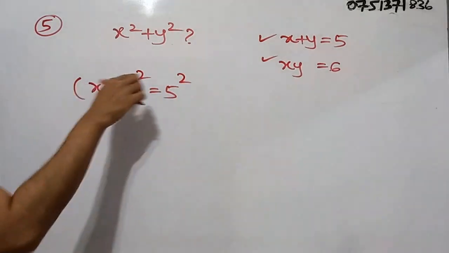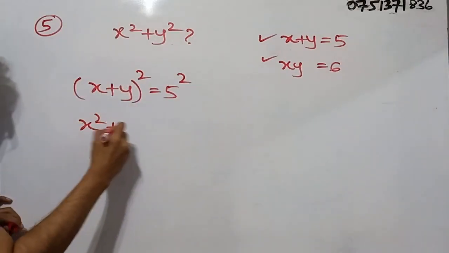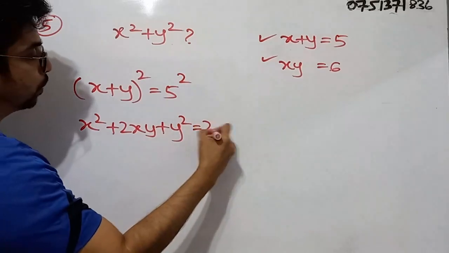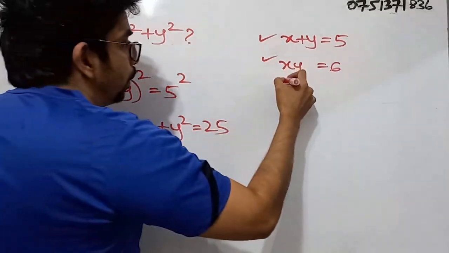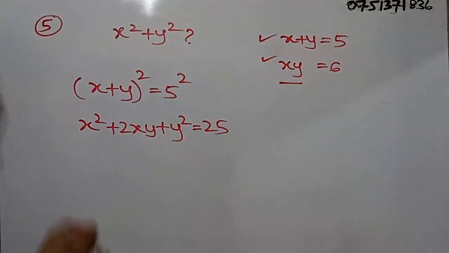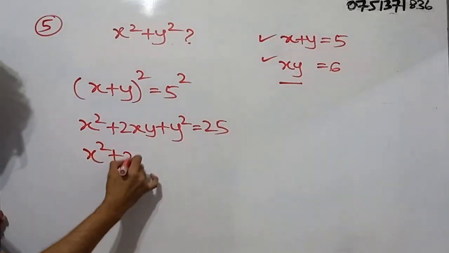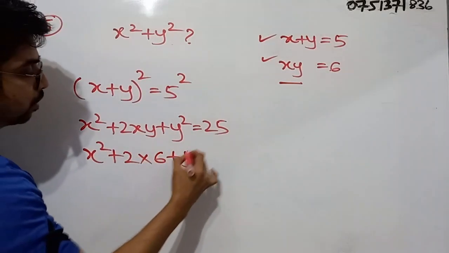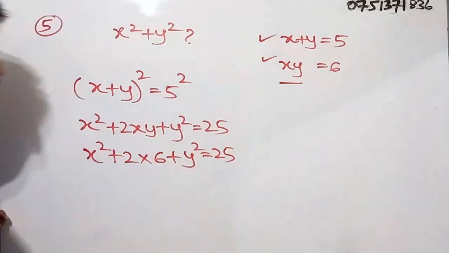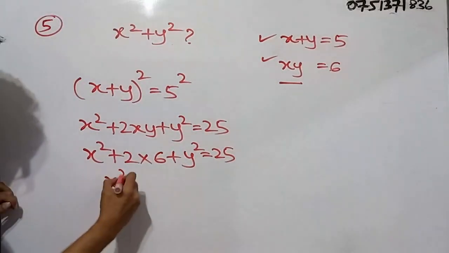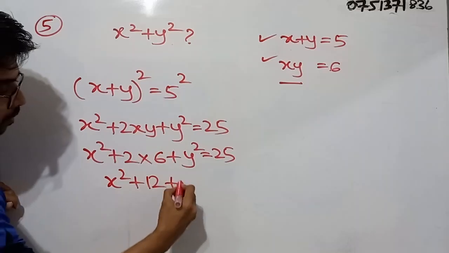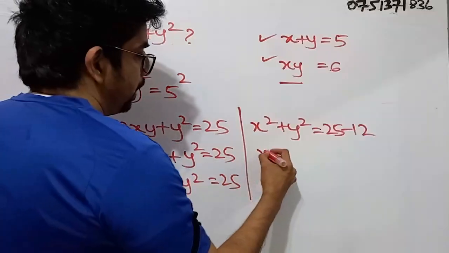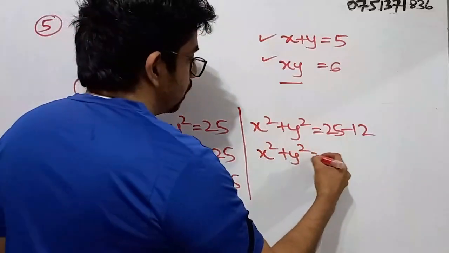Here we get x squared plus 2xy plus y squared, that is equal to 25. So xy is 6. So x squared plus 2 into 6 plus y squared, that is equal to 25. So that means x squared plus 12 plus y squared is equal to 25.